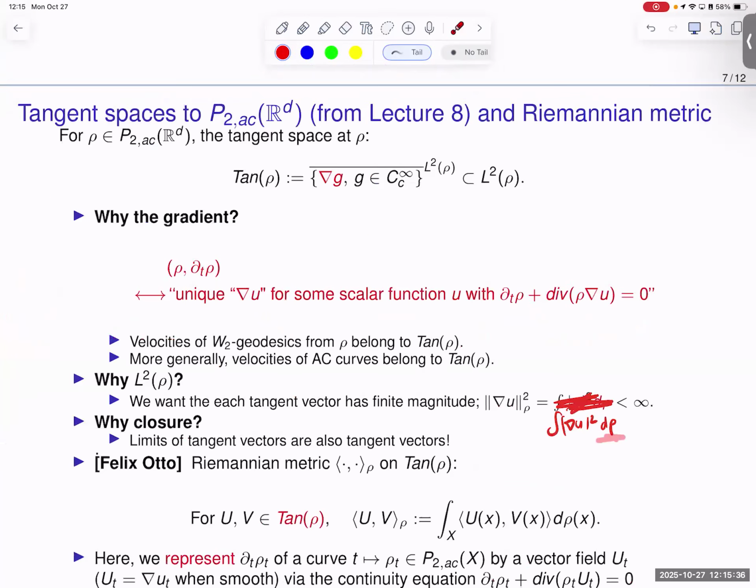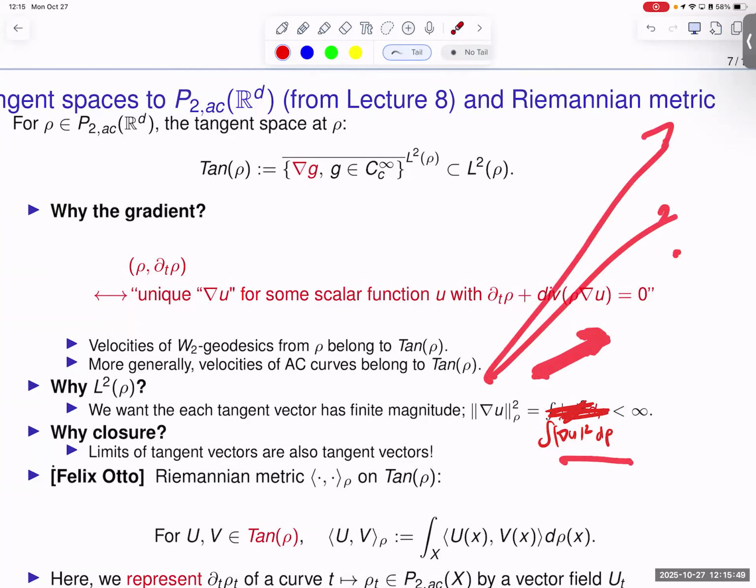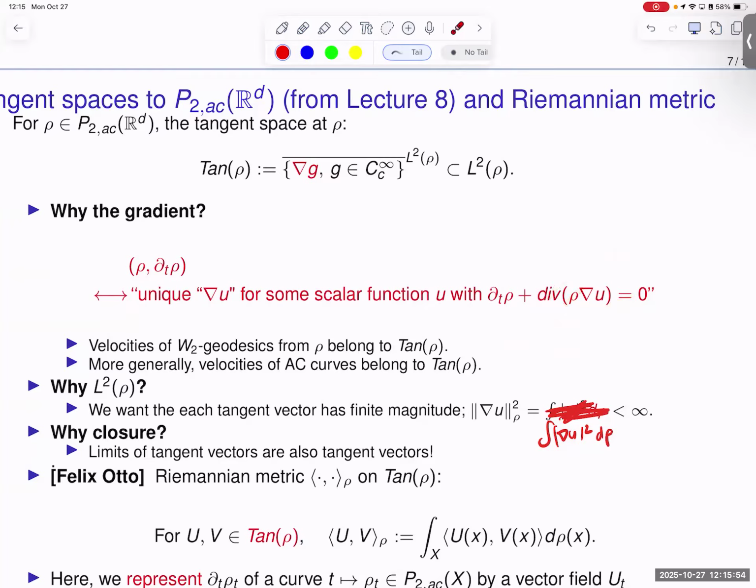Oh, it's a typo, sorry, it should be gradient here. Given a tangent vector, we want each tangent vector to have finite norm. You may have very large tangent vectors, but still every tangent vector has finite norm in a reasonable geometry. So that's why we require this finiteness. That means we consider this L2 space.